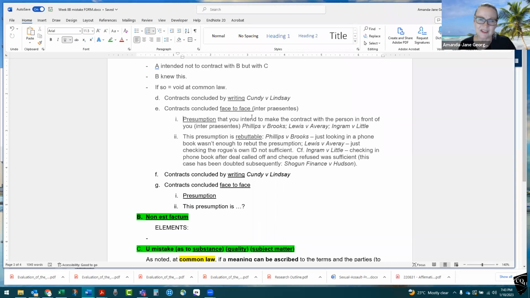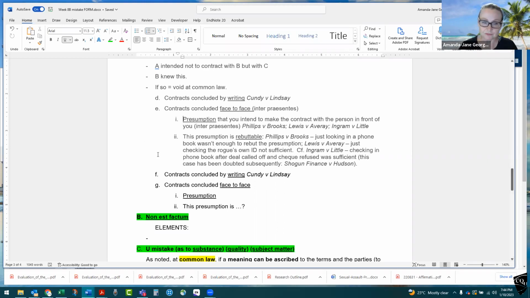The law says, well, you're silly enough to be right in front of them and still be mistaken about identity. No, we're not going to protect you in that circumstance. And so you're presumed to have intended to make the contract with the person that's right in front of you. And you have to rebut the presumption by showing that you took sufficient steps to work out if the person right in front of you was in fact the person that you only intended to contract with.